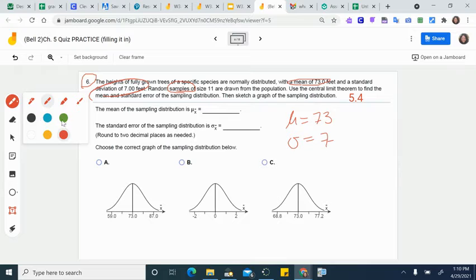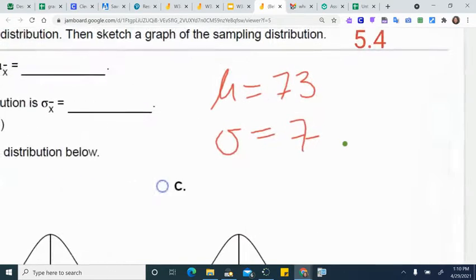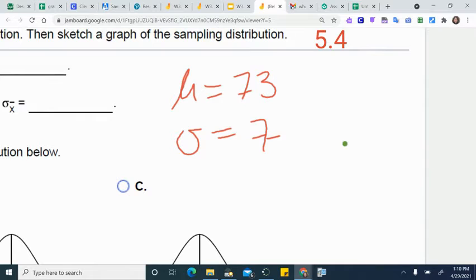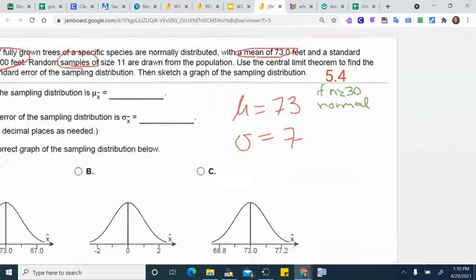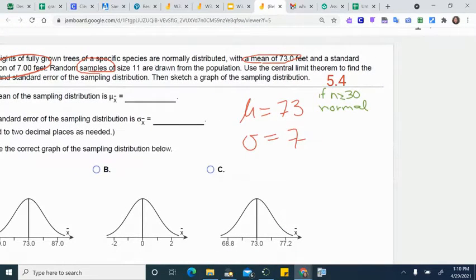And those formulas from section 5.4 said that if our sample size is big enough, or it's normally distributed. Let's double check that real quick. Okay, they told us that it's normally distributed, so yes, we're good. We can use that.